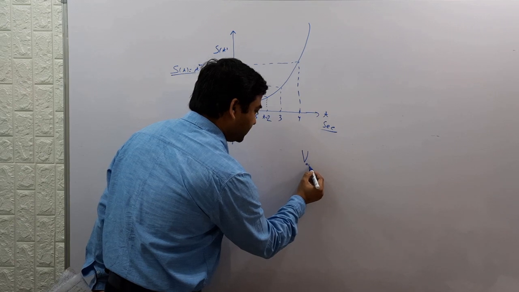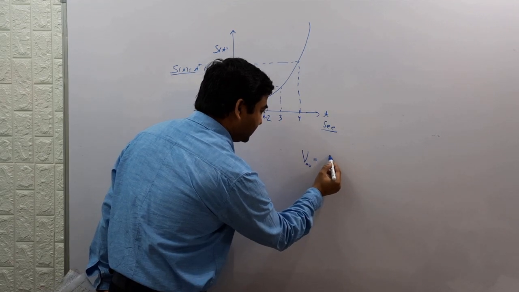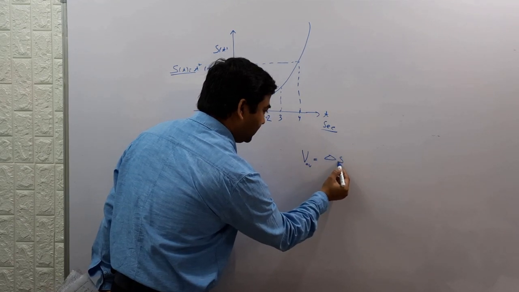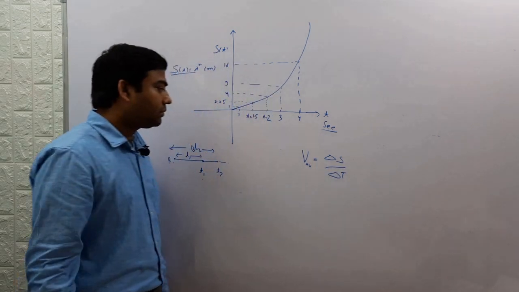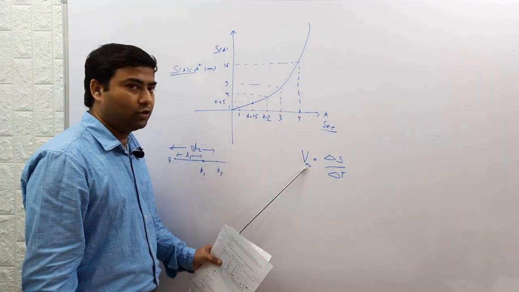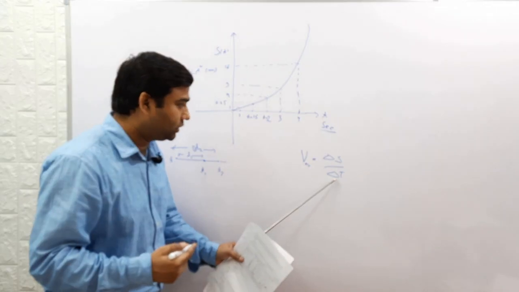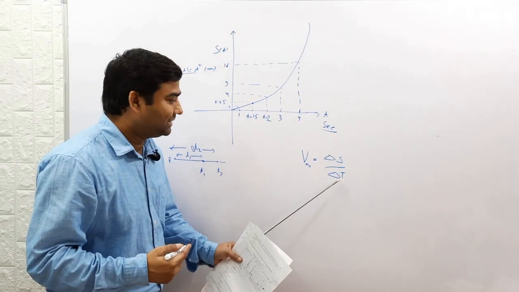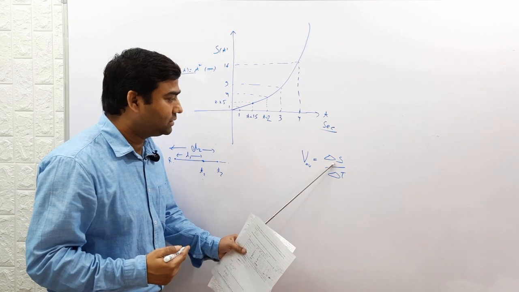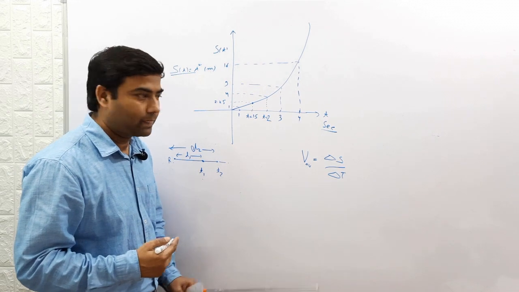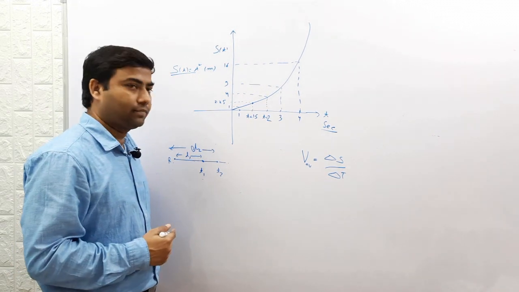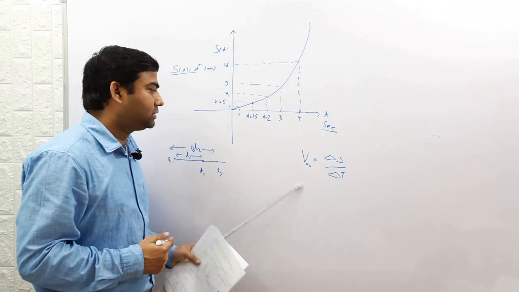V average is displacement divided by time. Average velocity for time interval t is displacement covered in time interval t, that is delta s by delta t, for any 2 points. We all know this simple formula.